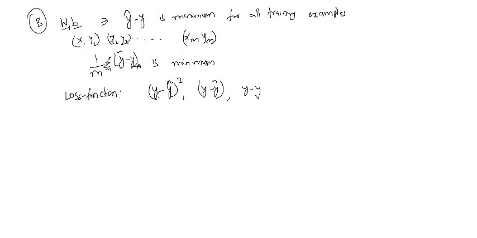Or you can use the absolute value. In the case of logistic regression, the best loss function is of the form minus y log y hat plus 1 minus y log 1 minus y hat. So this is the loss function.